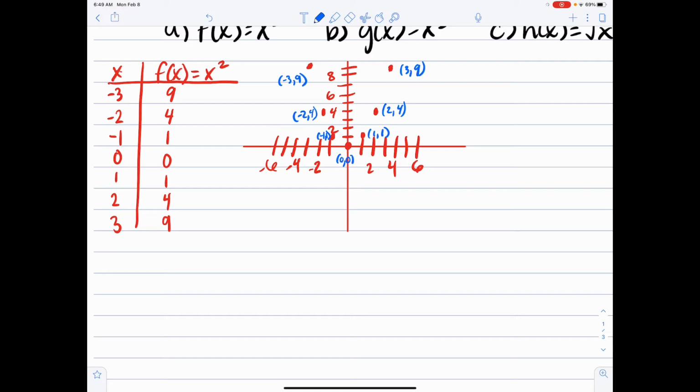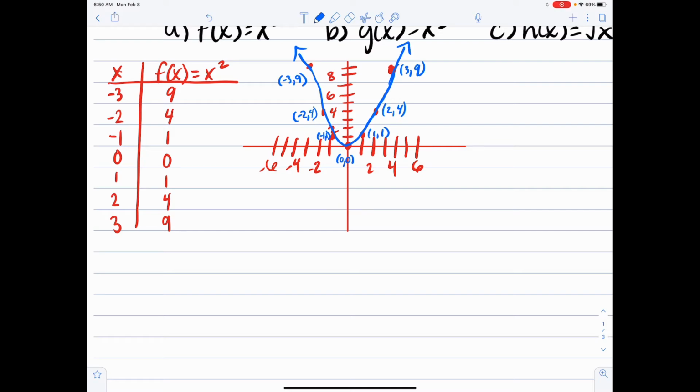Make sure they mirror each other, and then make sure that your graph extends forever in each direction, because if you kept going into the negatives, it would keep going up, and if you kept going into the positives, the values would keep going up as well. So make sure you draw those arrows.